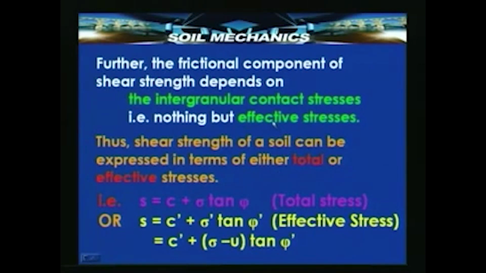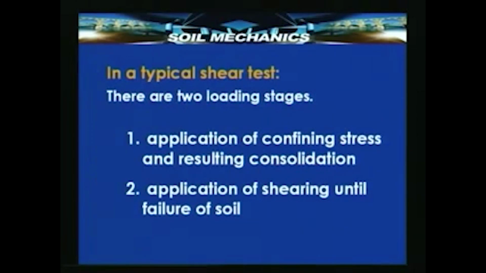So depending upon the drainage, either we will have total stress or effective stress. Accordingly, as you will be seeing later, in some tests we will only be getting total stress shear strength parameters, and in some tests we will be getting effective stress shear strength parameters.